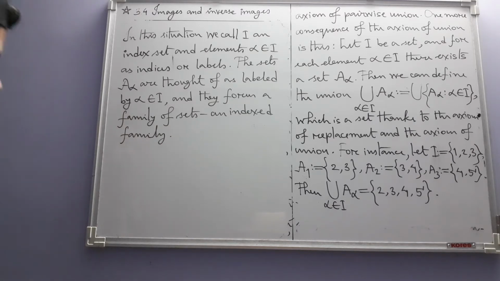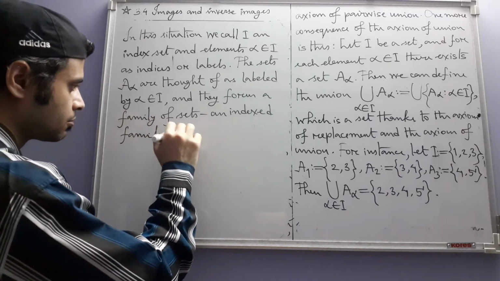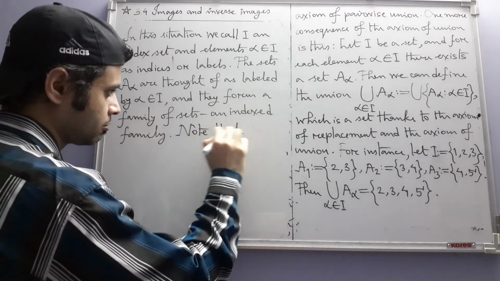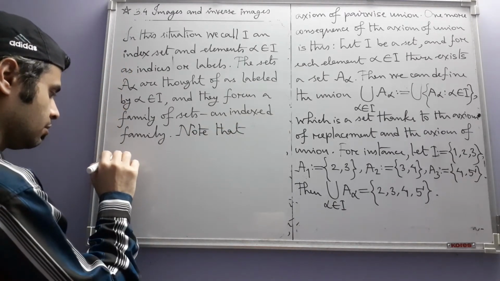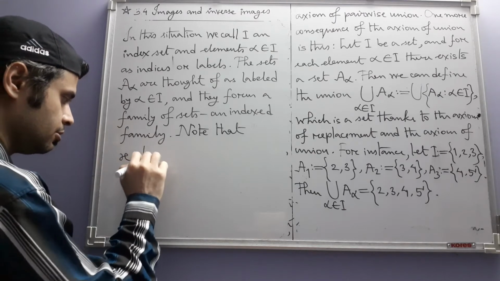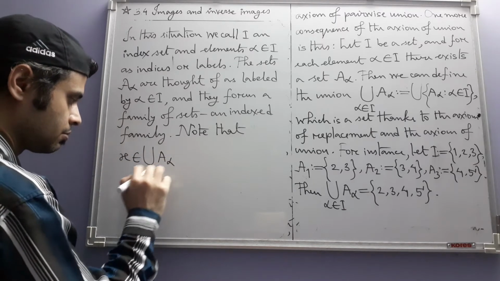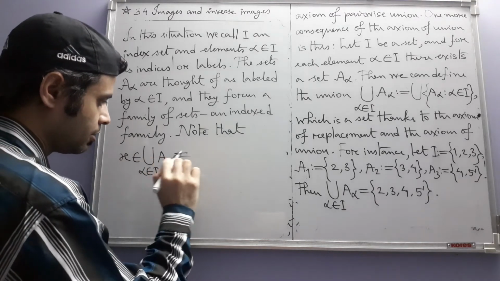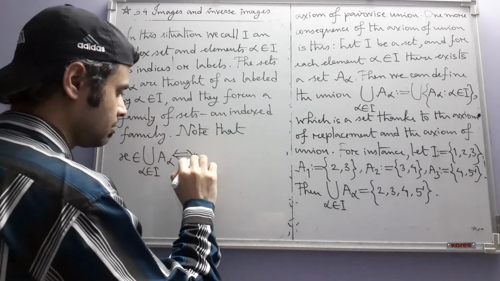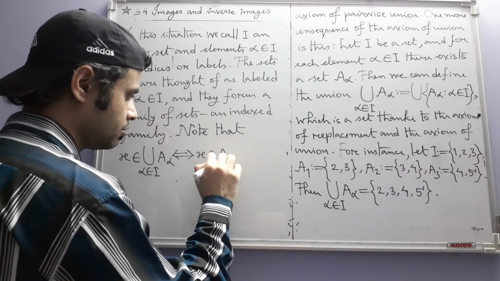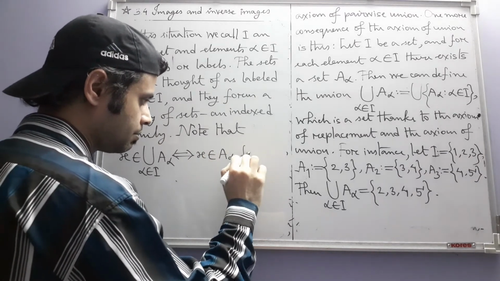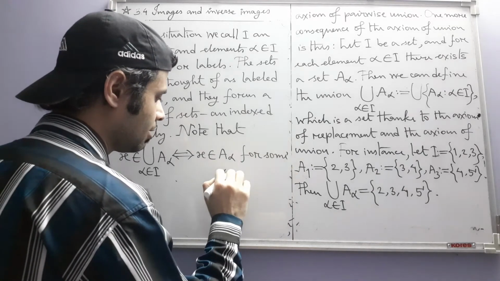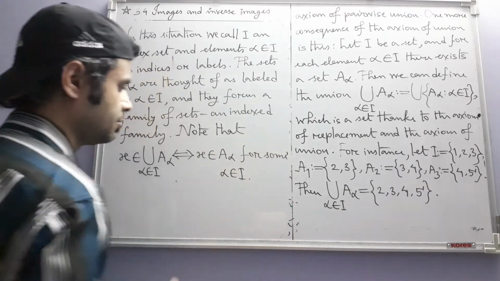Okay, note that X belongs to this union if and only if X belongs to A alpha for some alpha belonging to I.